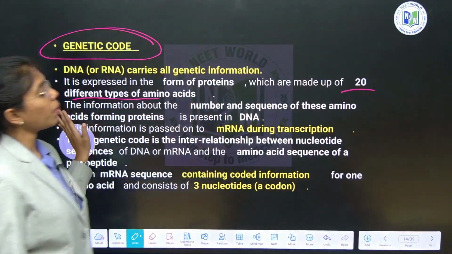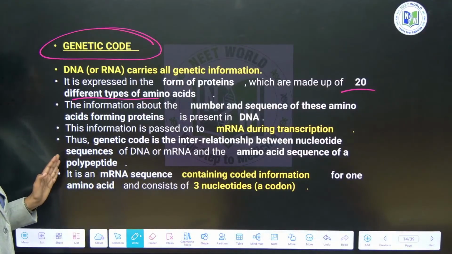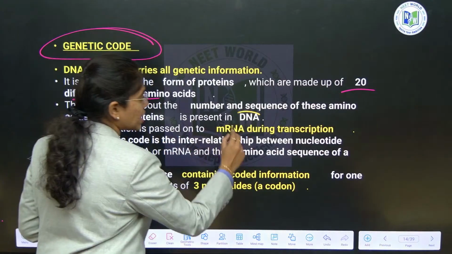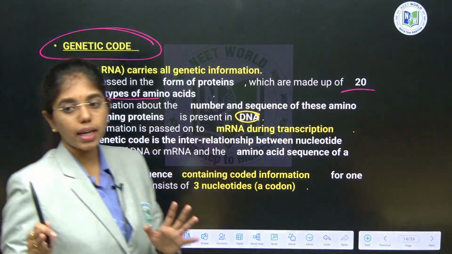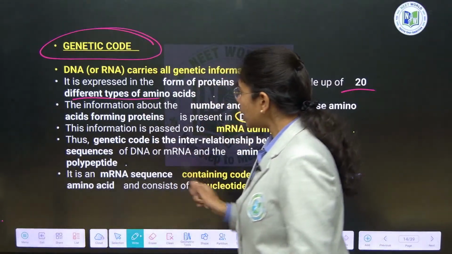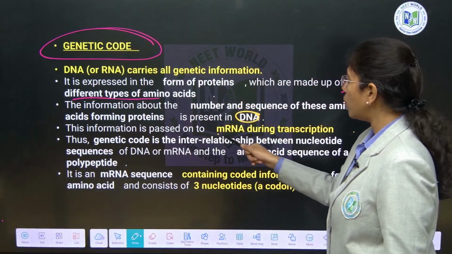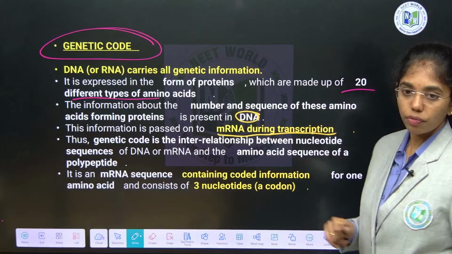The information about the number and sequence of these amino acids in a protein is present in DNA. DNA holds all the information for building proteins. This information is passed on to mRNA during transcription.